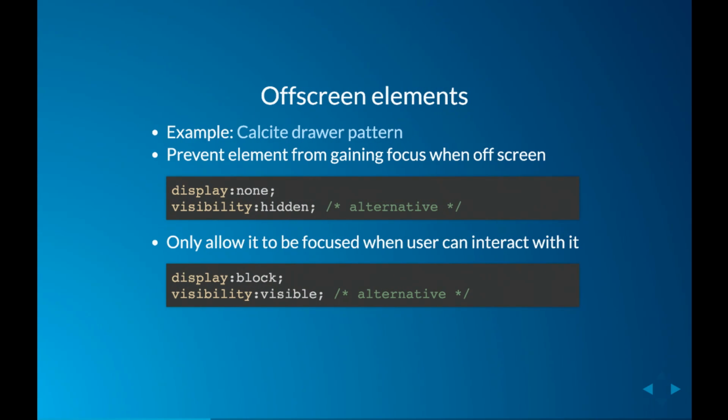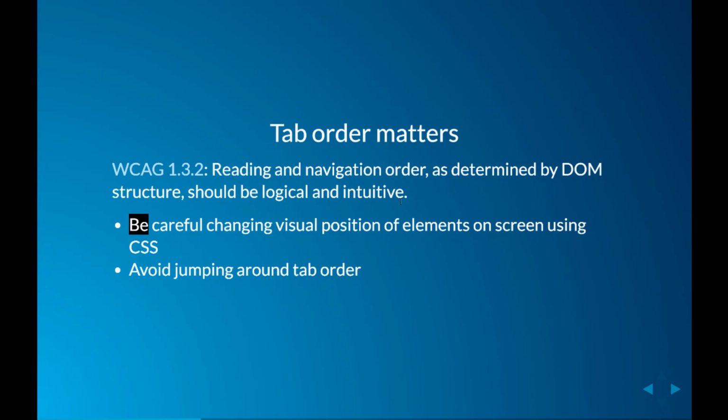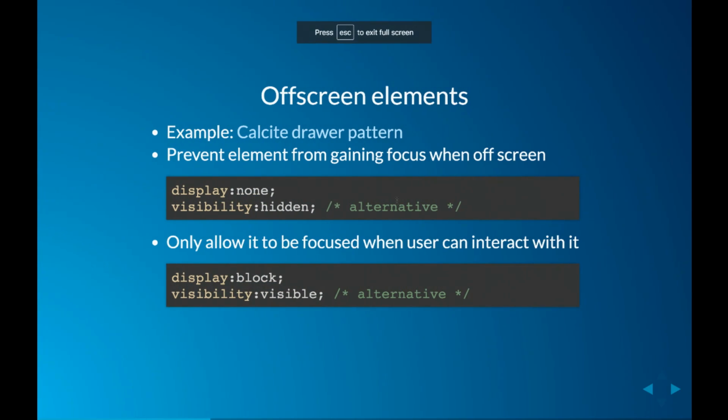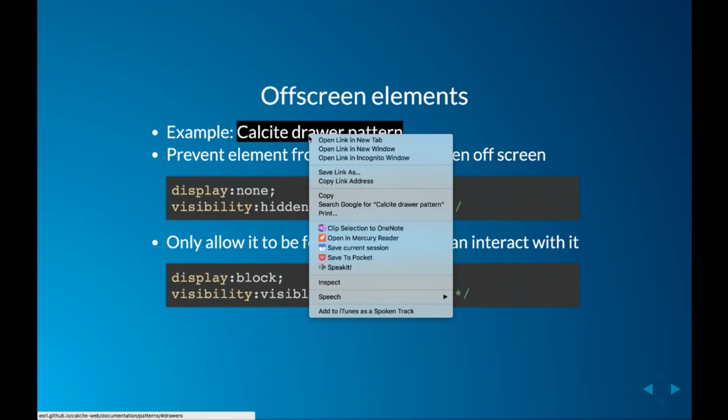Another thing is if certain elements are off screen, we should not set focus to those elements. One example is this side drawer pattern that we have. Sorry. Okay. For some reason, I can't get out of the full screen.